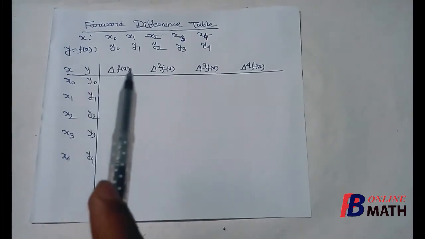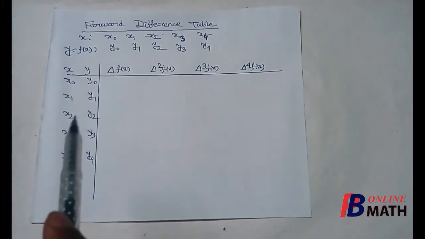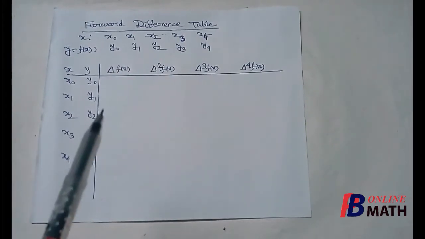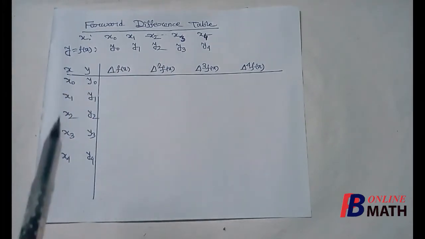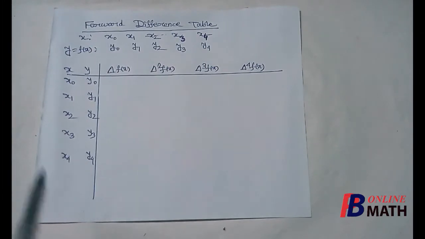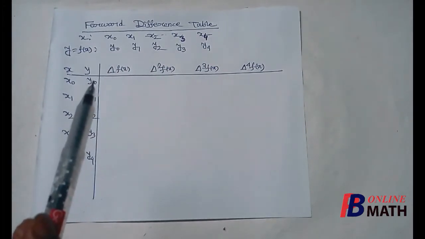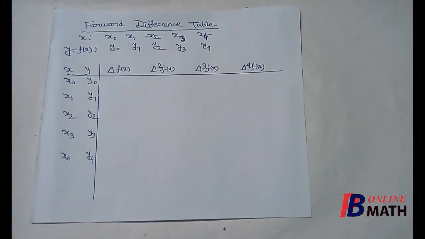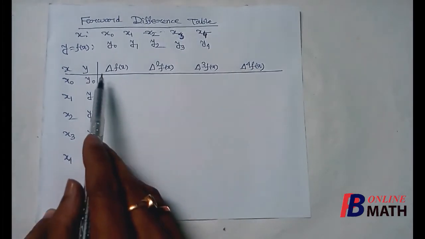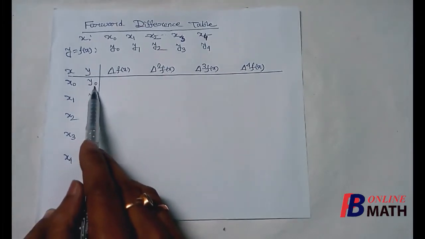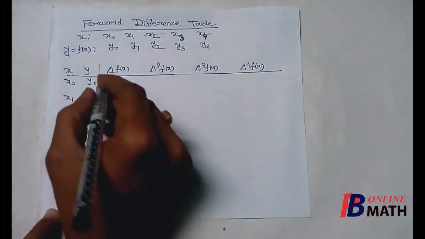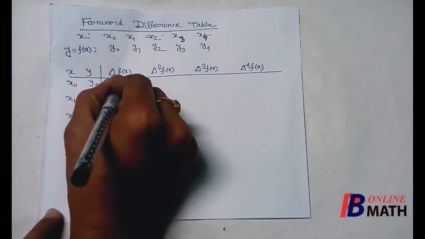So from this data we can construct the forward difference table. For that we first write the arguments x0, x1, x2, x3, x4 and then we shall write the entries. Now if we apply the forward difference operator on y0, we know that this is equal to y1 minus y0.